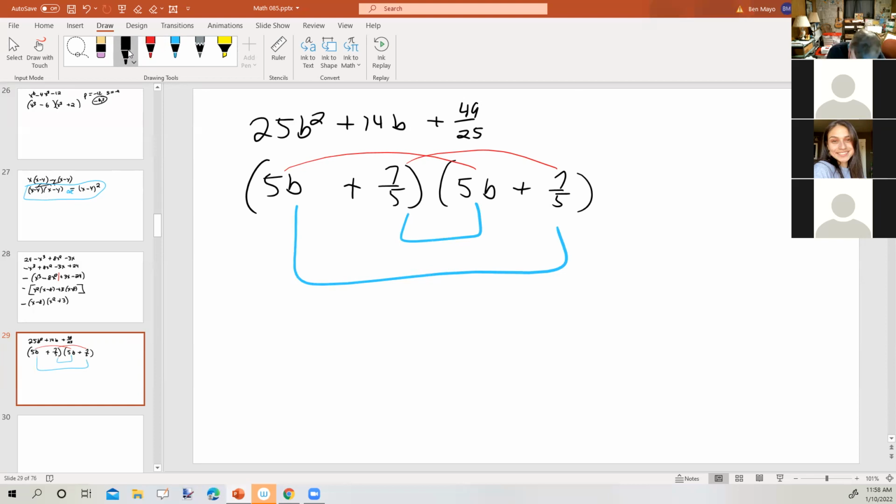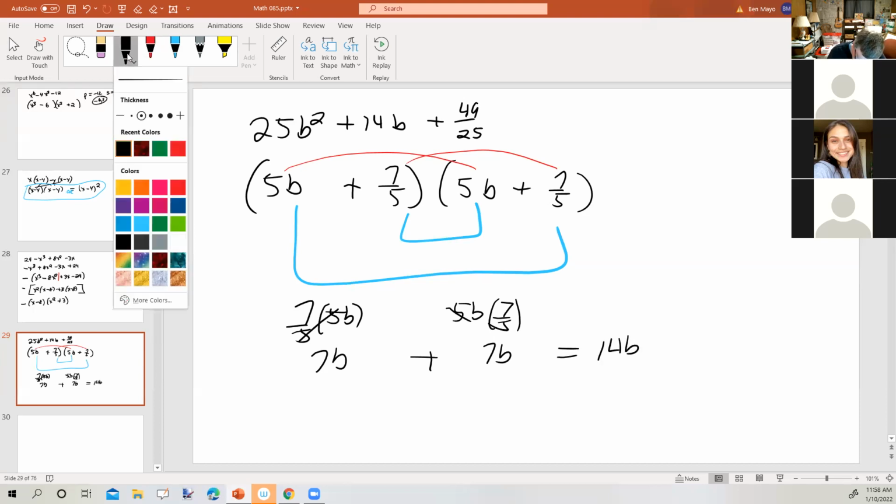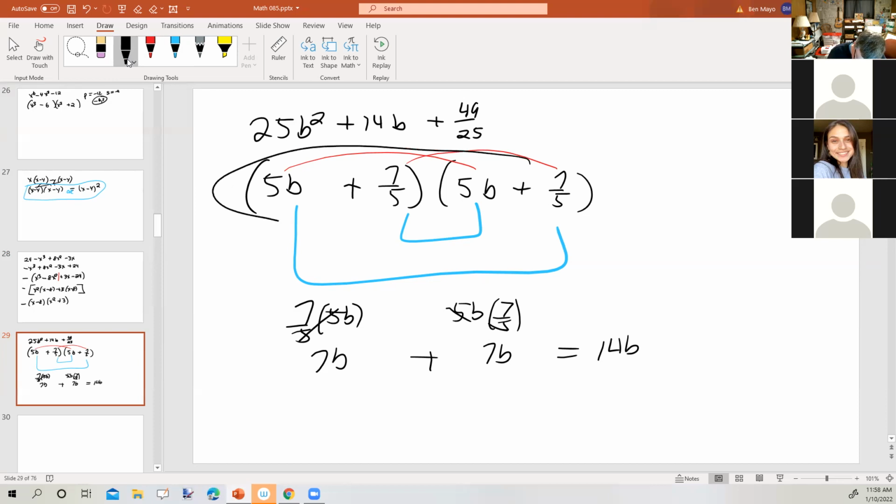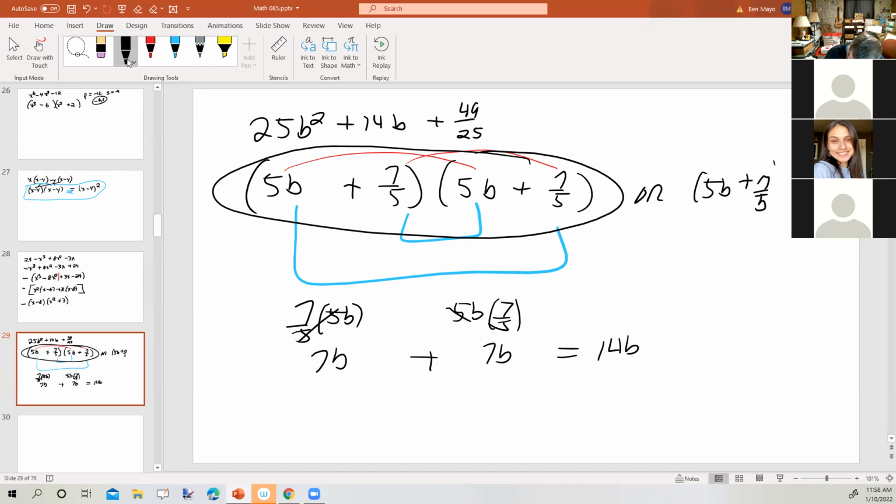Let's find out. 7/5 times 5b is 7b, and 5b times 7/5 is 7b, and 7b plus 7b is 14b. So yes, it is a perfect square trinomial. So you could write it that way, or you could write it that way. Okay.